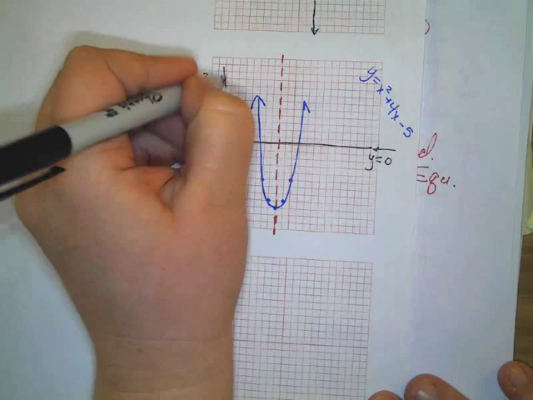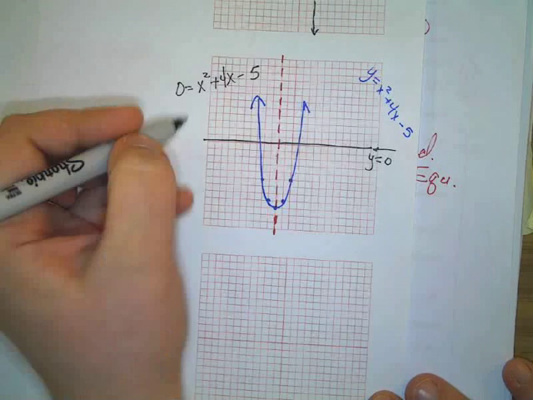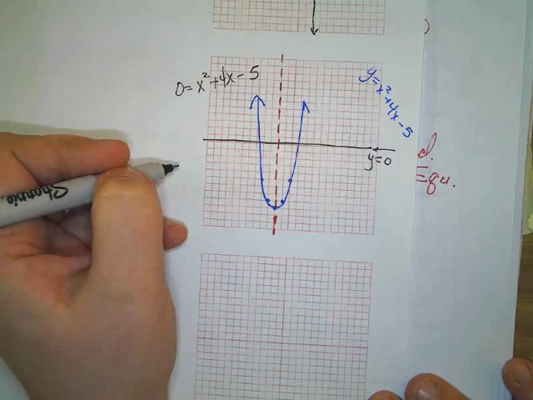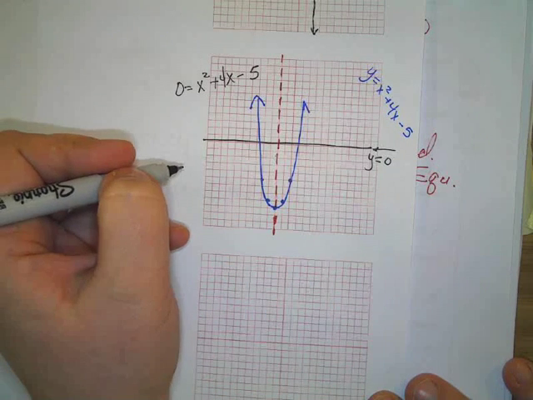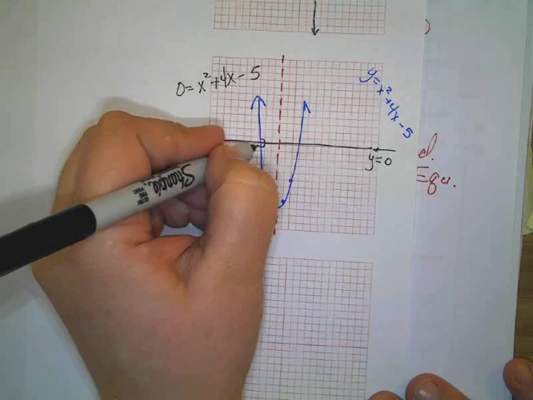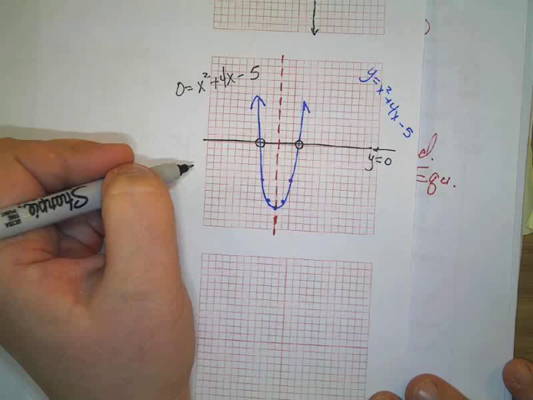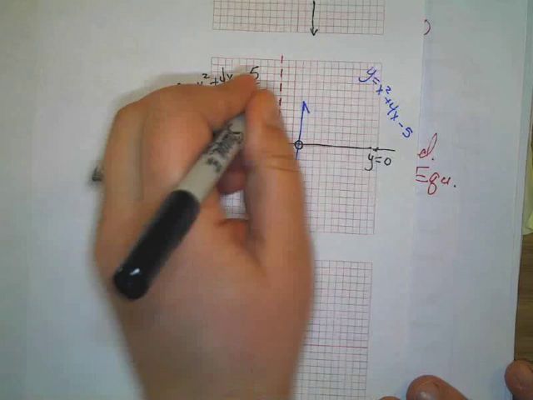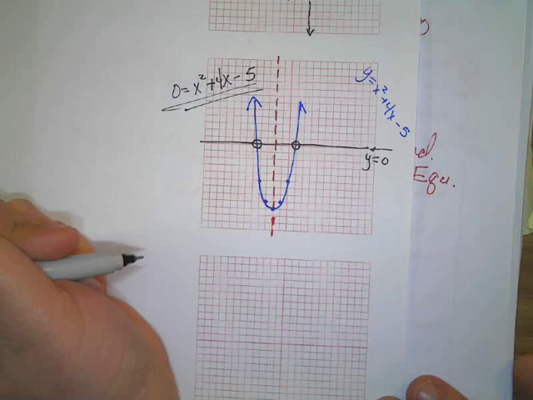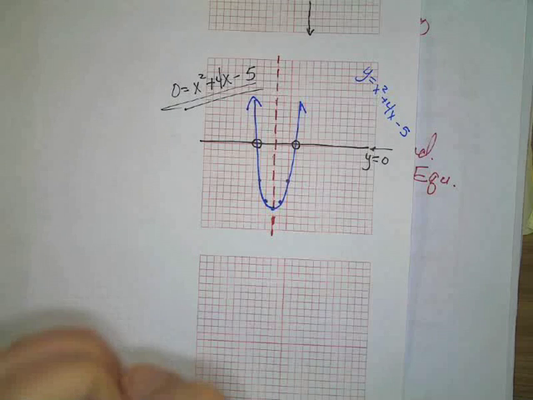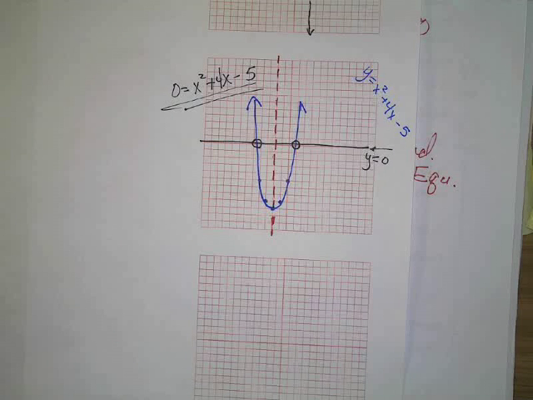When I want to know when the equation equals 0, I'm going to look where it crosses the x-axis. It crossed right there, and it crossed right there. Graphically, those are the solutions to this equation. It's where the graph crosses the x-axis.